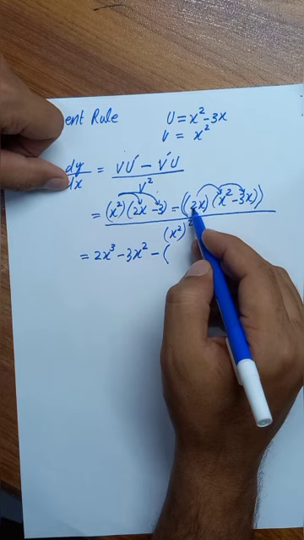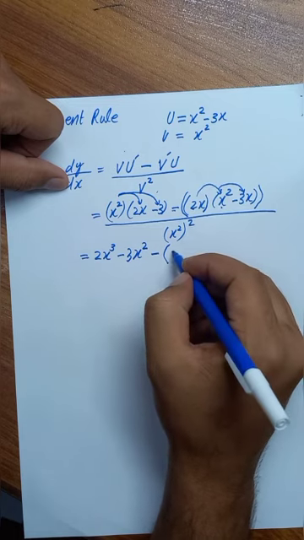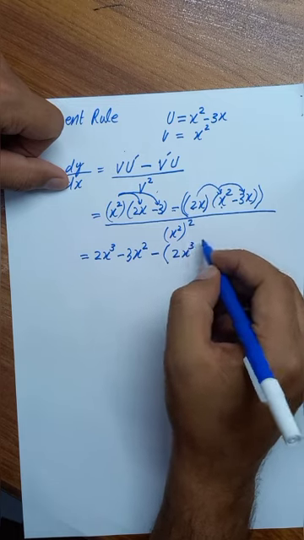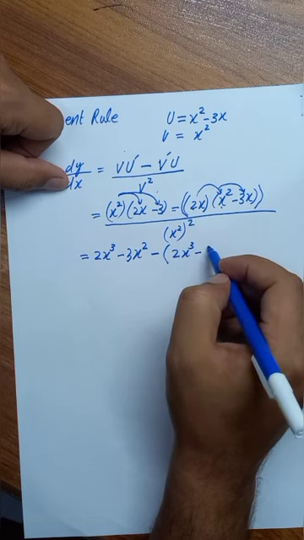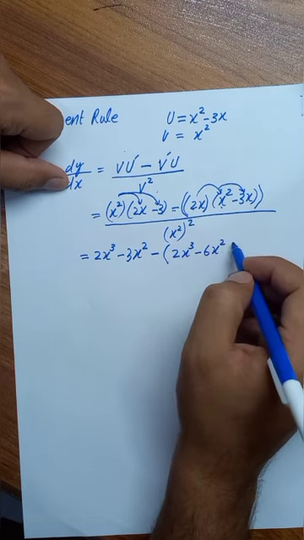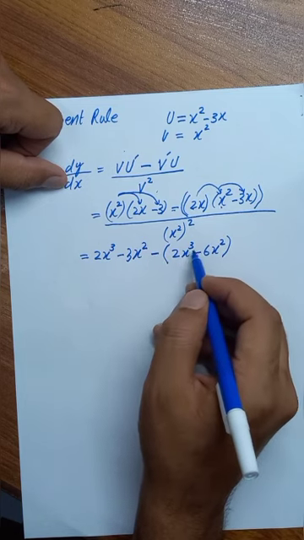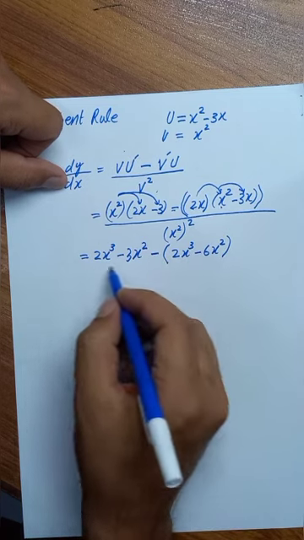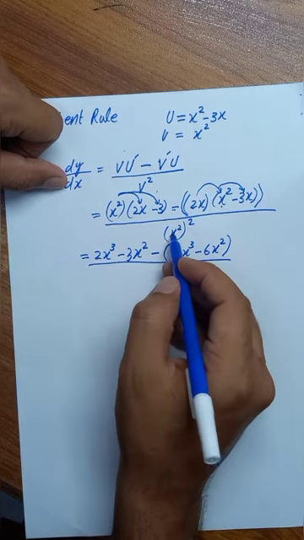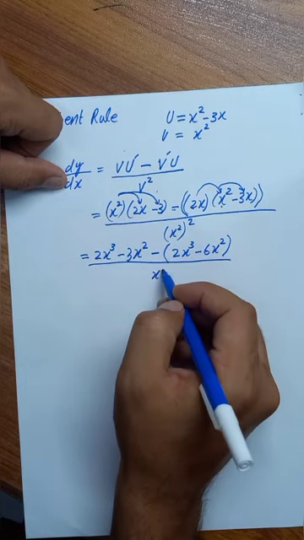So first we will multiply this with this value. It will become 2x cube, and it will become minus 6x square. Now we are multiplying this sign into this value, and we also have x square. It will become x power 4.